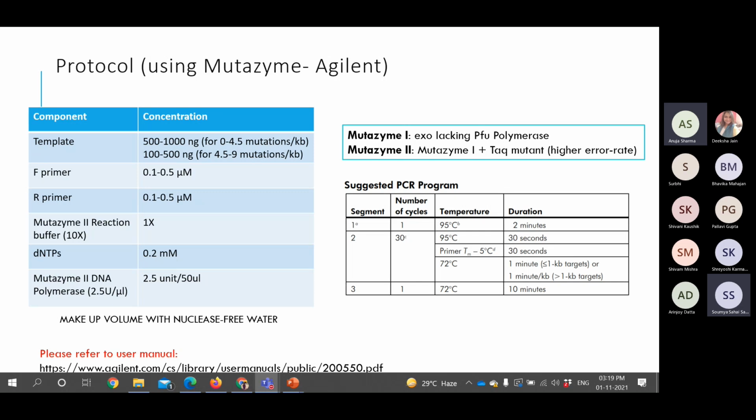The second segment is the one that has to be repeated for 30 times. It has three separate steps: denaturation, annealing, and extension. The duration is mentioned respectively. First we have 95 degrees denaturation, done for 30 seconds.